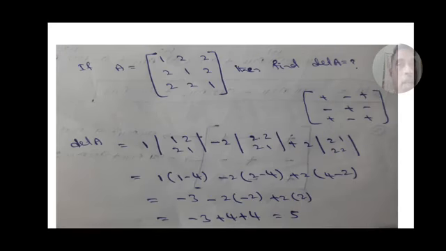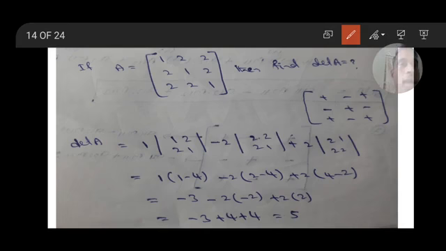First problem: if A equals the matrix 1 2 2, 2 1 2, 2 2 1, then find the determinant of A. We have to remember the signs: plus, minus, plus. Taking the first row, the determinant of A equals 1 into its minor, removing the row and column, 1 2 2 1 determinant.